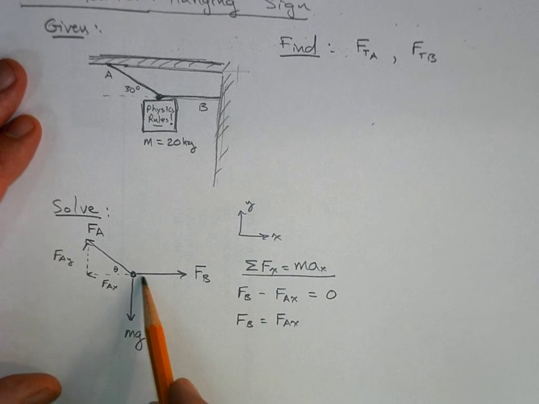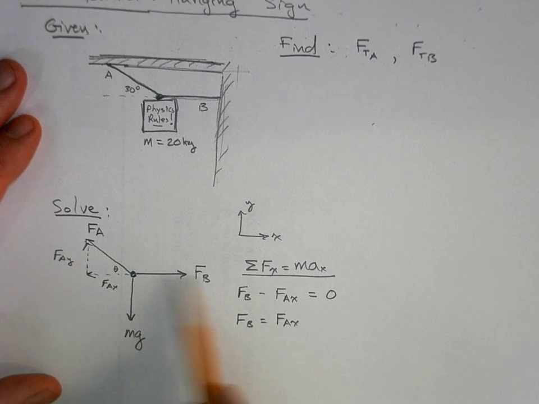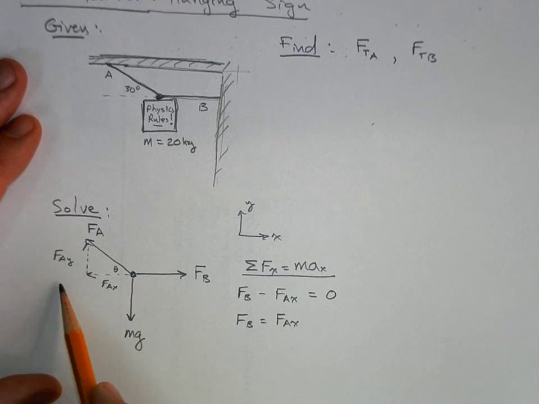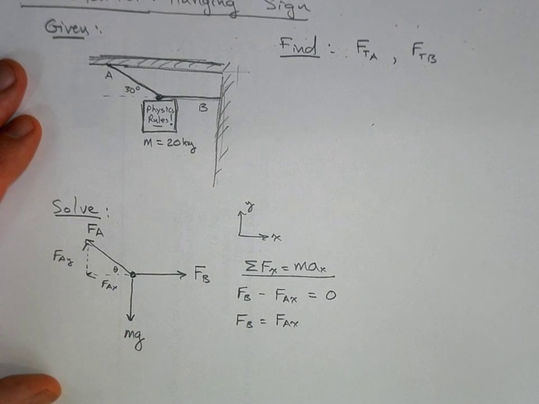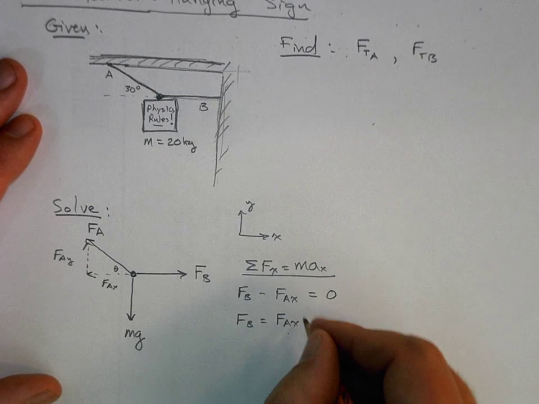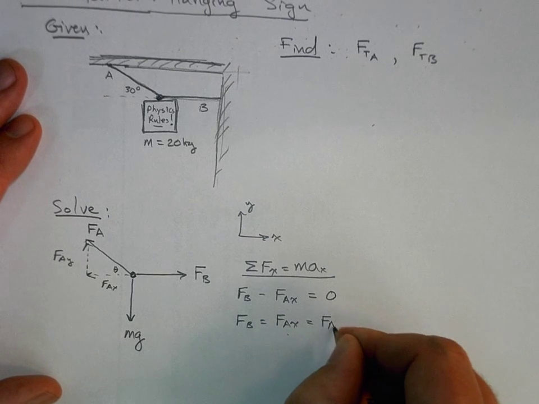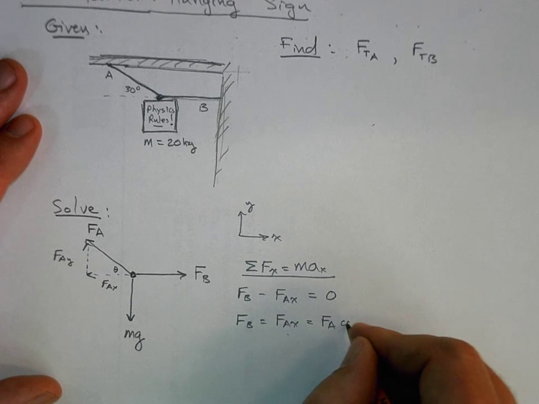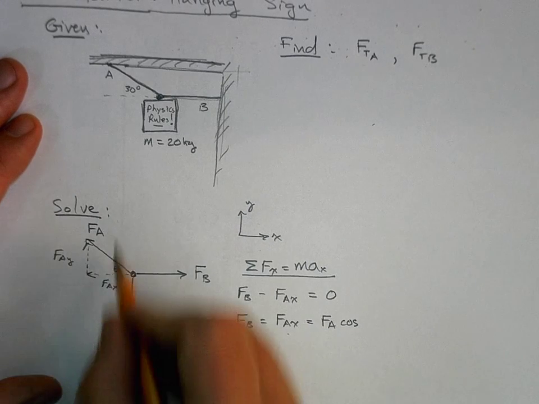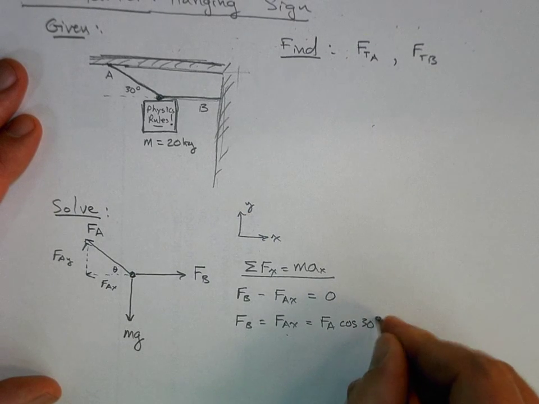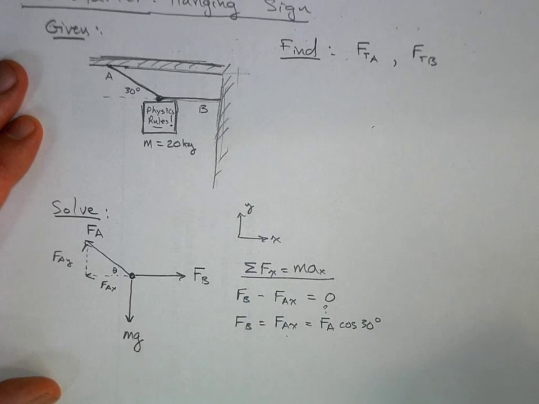All FB is doing is pulling to the right, because A is pulling to the left, and it has to cancel it out. But I don't know what FA is. FA in the x is FA cosine of theta, where theta is 30 degrees, but I still have to figure out FA.